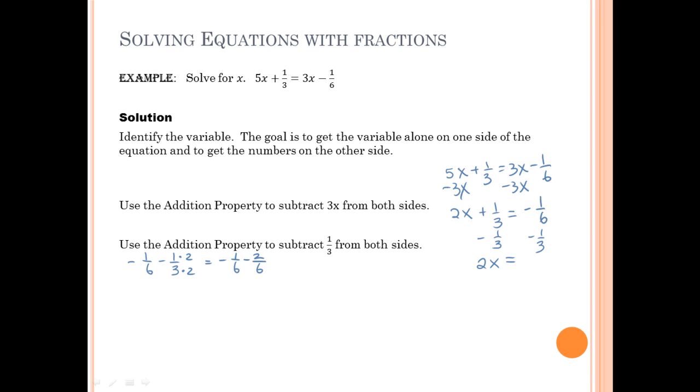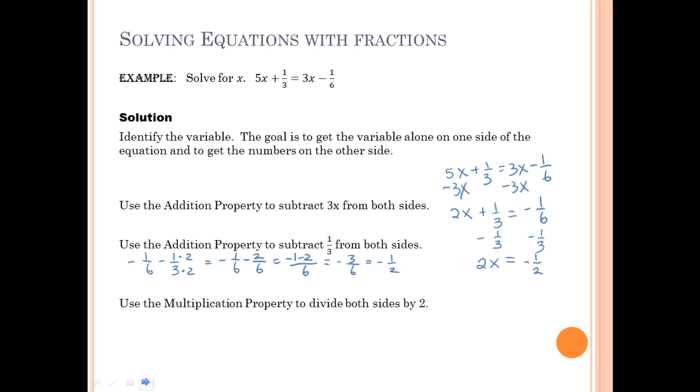So we have 2/6. So now to subtract negative 1/6 minus 2/6, we subtract the numerators and keep the same denominator. In the numerator, negative 1 minus 2 is negative 3. So we have negative 3/6, which we can simplify to negative 1/2.